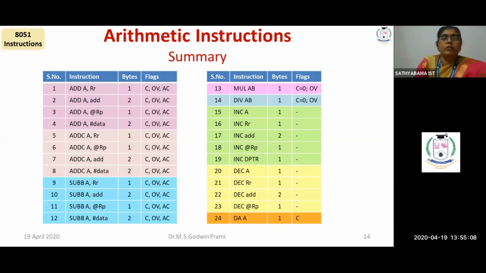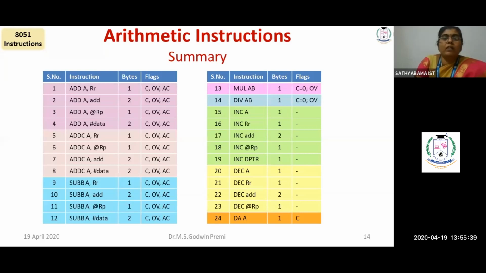Here coming to the bytes spent for the particular instruction. For every opcode, we know it took 1 byte. Then if we have the immediate data, then 1 more byte. And if we want to include the direct address, that is the ADD, 1 more byte. So wherever we had the immediate data and the direct memory address, we will get 2 bytes.